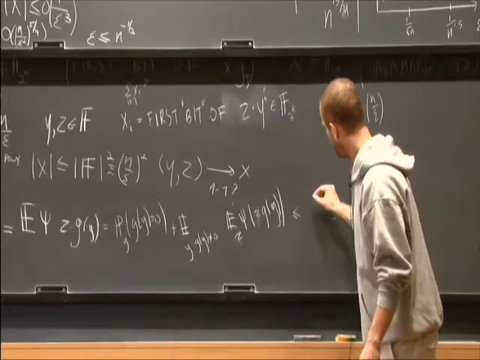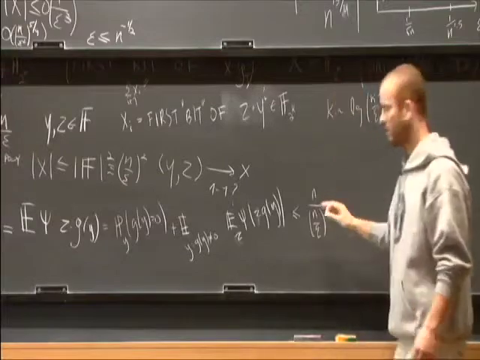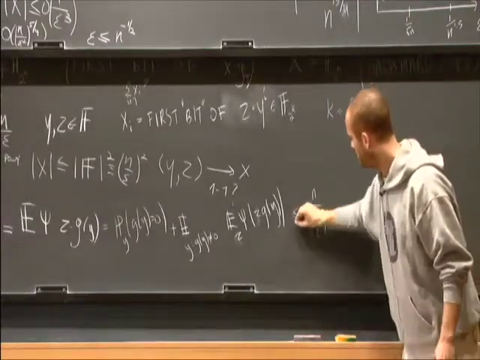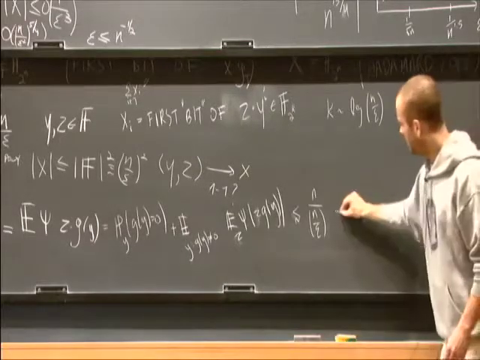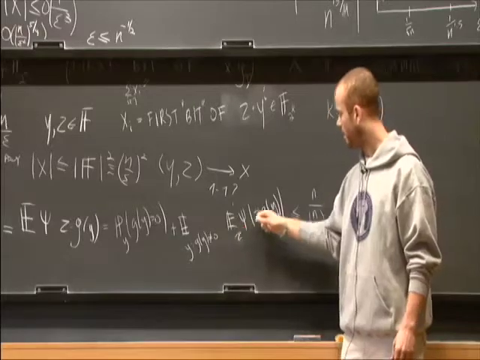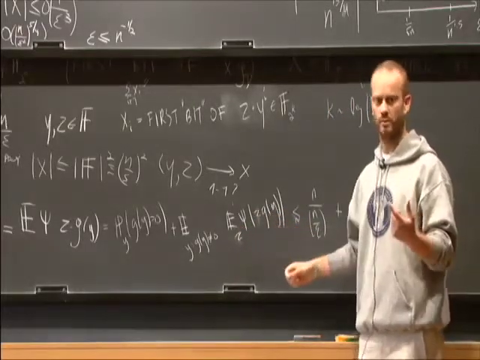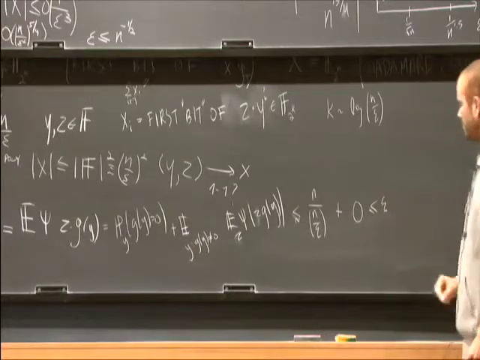So this is at most n over epsilon, roughly. And for this quantity, g of y is non-zero, so a character over the whole field is always 0. So this is equal to 0, and this is at most epsilon.